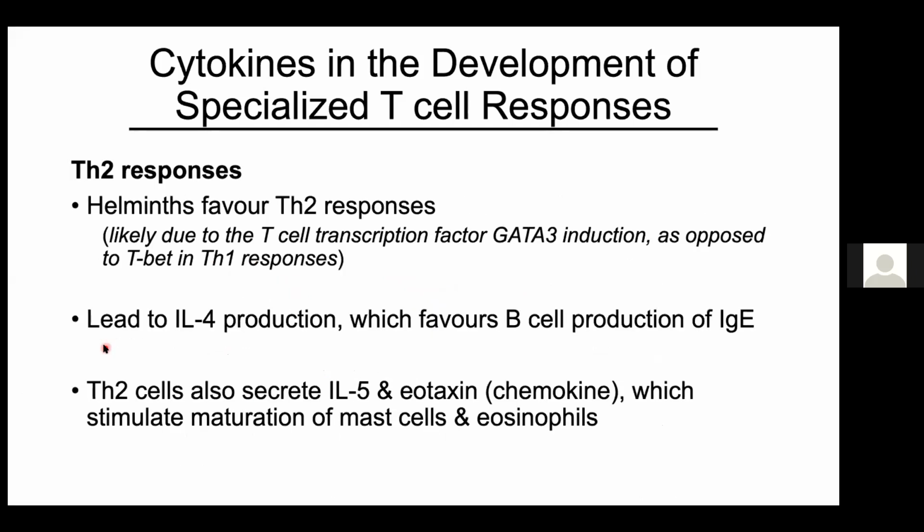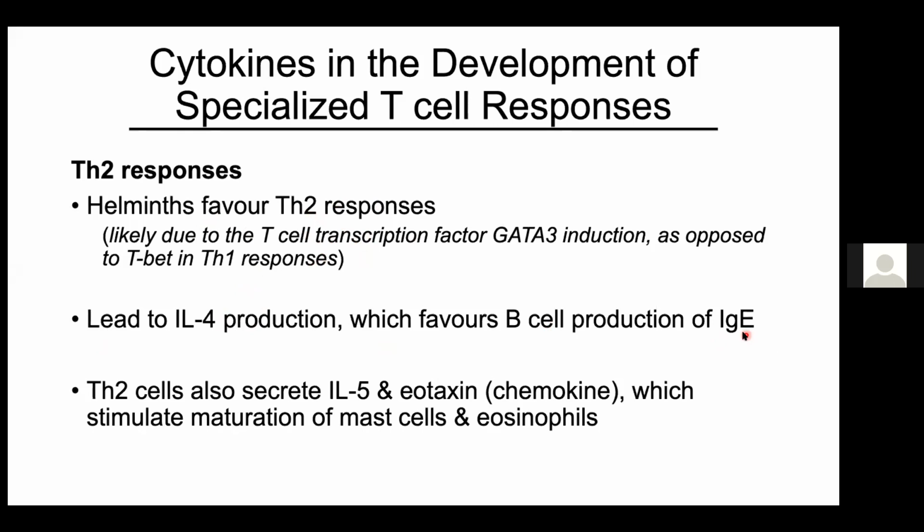For the T helper 2 responses, I talked about these ones being important in the immune response against helminths. What leads to development or change in this phenotype is the gene transcription. So you get a different transcription factor being activated that now switches these T helper 2 cells to favor IgE production, okay? So usually they'll produce interleukin-4. These T helper 2 cells produce interleukin-4 that activate B cells towards production of IgE.